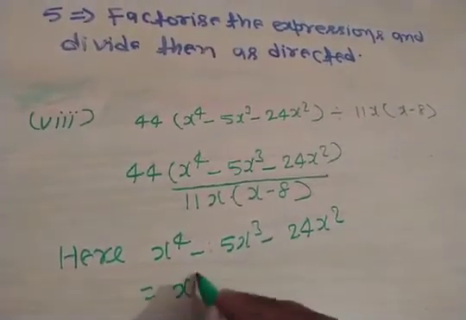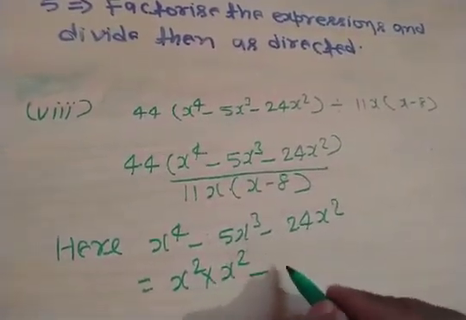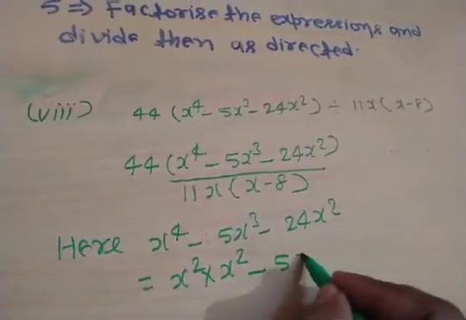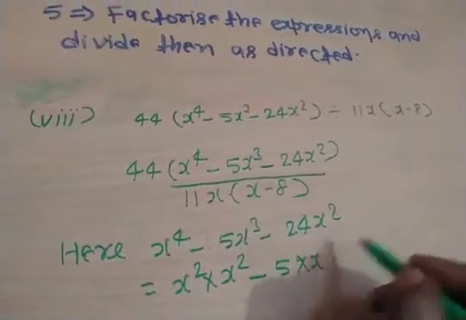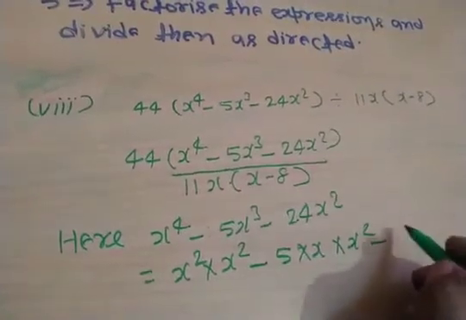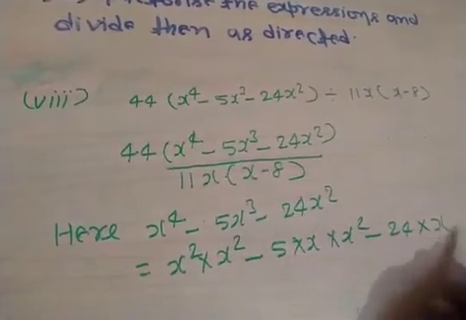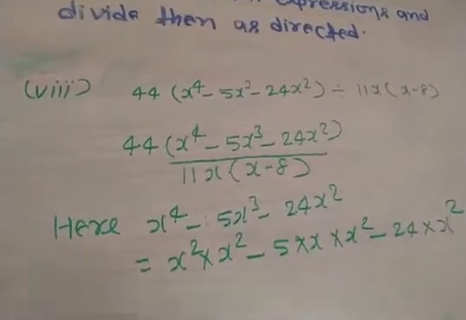You can write here x power 2 into x power 2 minus x power 3 means 5 into x into x power 2, minus 24x square means 24 into x square. Clear?